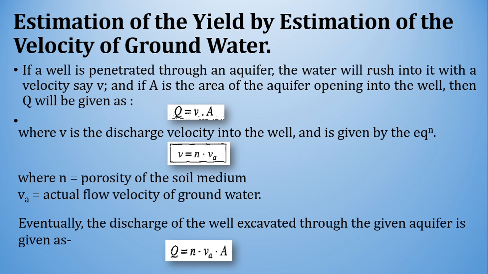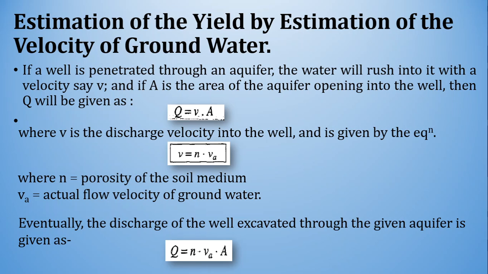Now the estimation of yield by estimation of velocity of groundwater. If a well penetrates through an aquifer, the water will rush into it with a velocity v, and if capital A is the area of the aquifer opening in the well, then capital Q, that is discharge, will be given as Q = V × A, where V is the discharge velocity into the well and is given by the equation V = n × Va, where n is the porosity of the soil medium and Va is the actual flow velocity of the groundwater.